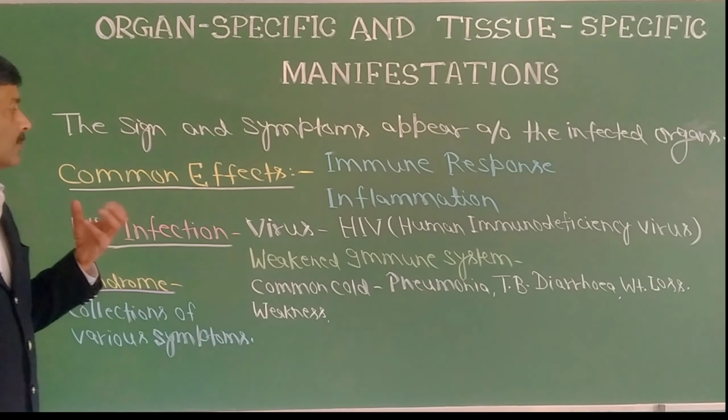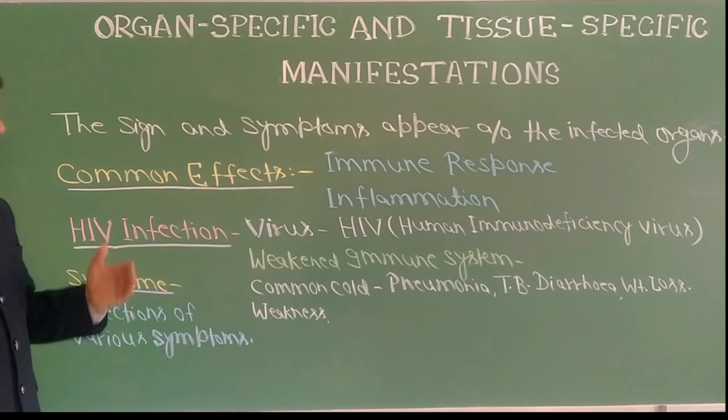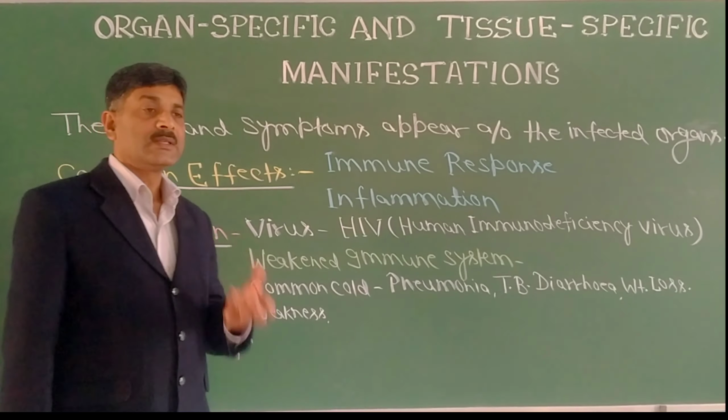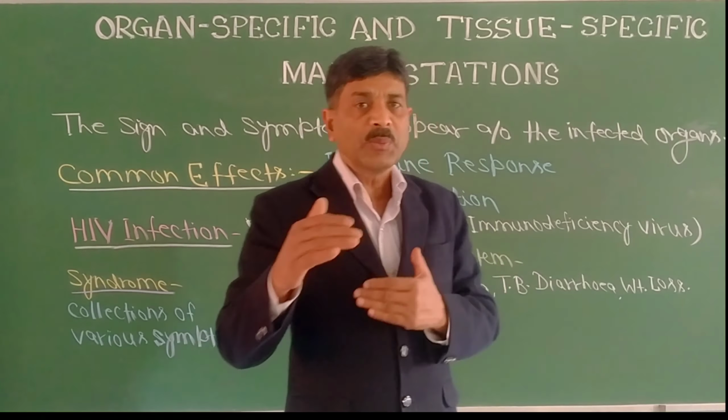Suppose the HIV enters, that means the virus will weaken our immune system by destroying the WBC, by destroying the macrophages, by destroying the helper T cells. So due to the weakened immune system, the patient will suffer from common infectious diseases and they will become severe.